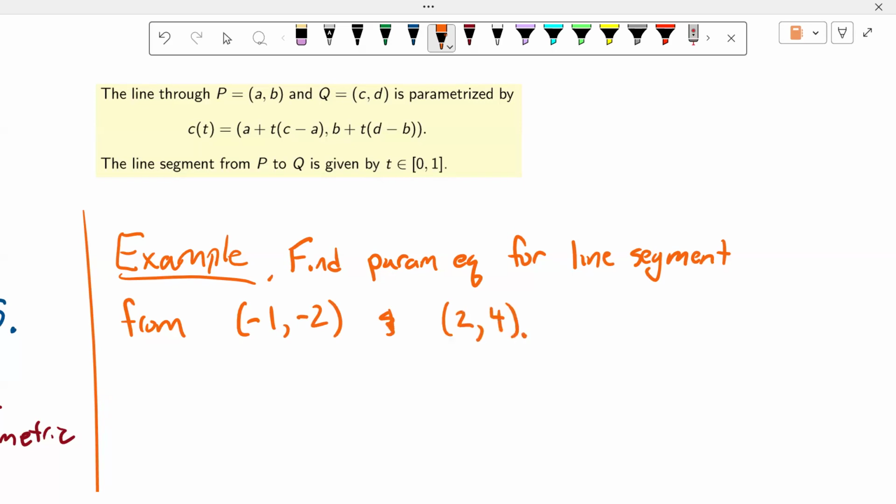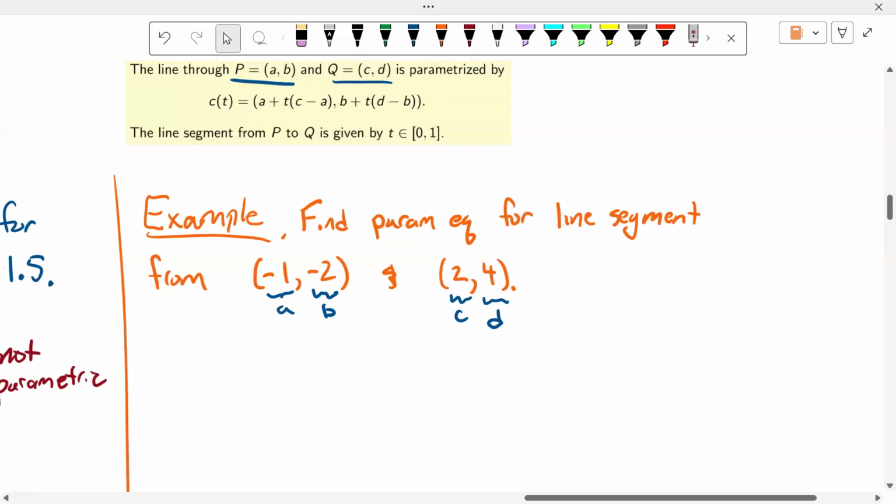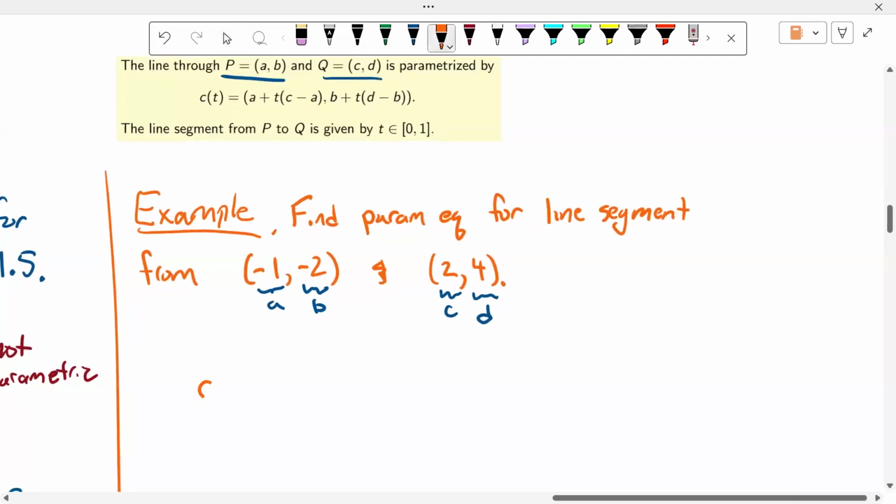You want to just parameterize that line segment, not the whole line. How do you do that? Well, it's pretty nice. You let this be your A, you let this be your B. This is your point P. C and D right there.